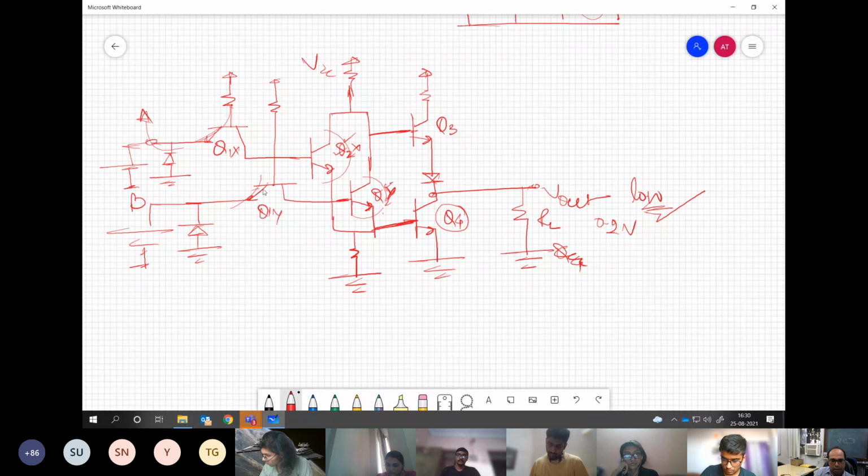And if this doesn't conduct, then one of the Q2 is conducting. And if one of the Q2 is conducting, or even if both are conducting, our Q4 is going to conduct, and that's all. We are getting a low output over here. This is the NOR operation that is happening over here.